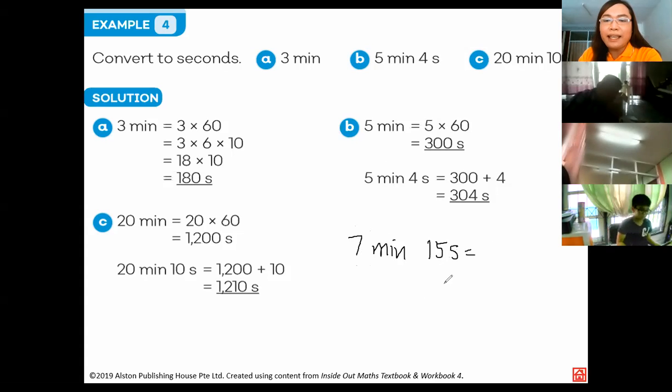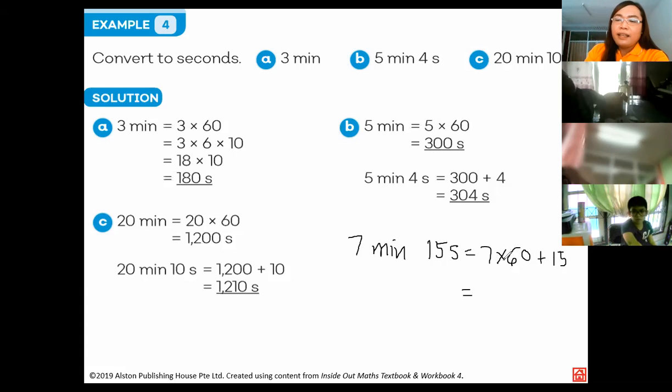Convert this into seconds. So first is multiply 7 by 60, plus 15 seconds. What's the answer? 7 multiplied by 60 plus 15. 430.